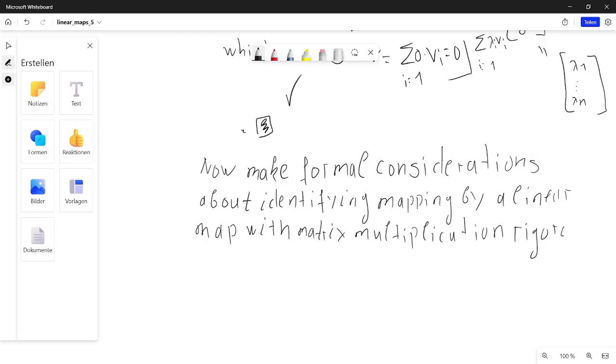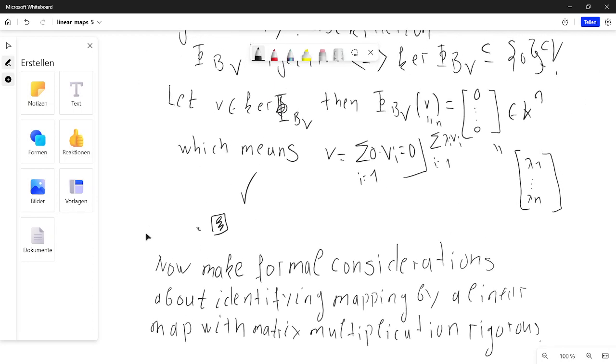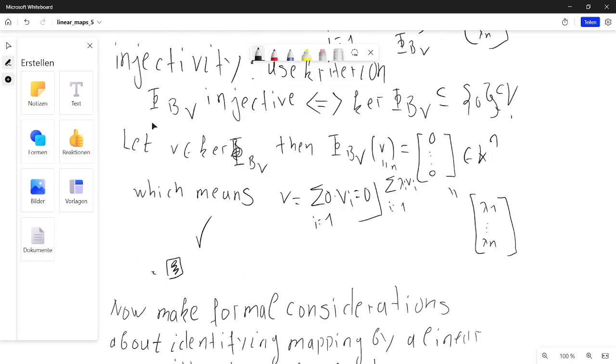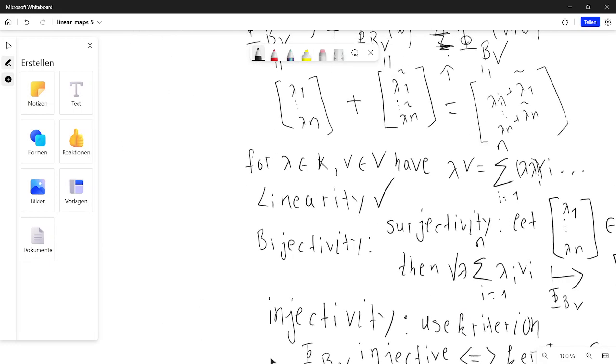Rigorous. Right. How do we do that? Let's see. First, recall what we actually did back there.